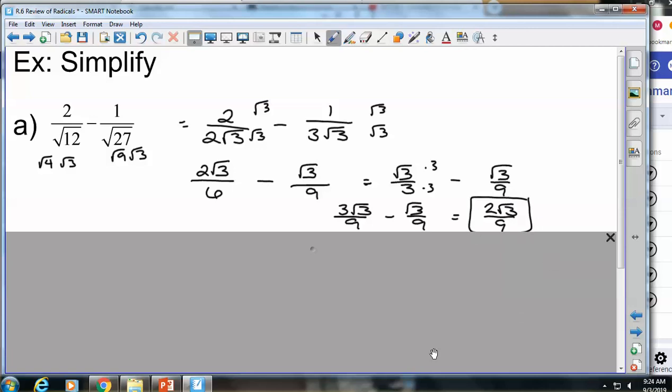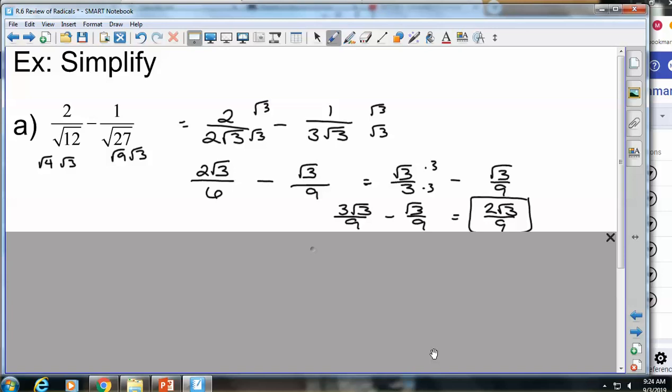Okay, there were a lot of different paths we could have taken on that problem. I thought you couldn't combine those because they don't have the same front number. It's the radical number. When you combine them, you add or subtract the front numbers. It's the thing under the radical that has to be the same. Now, earlier I couldn't combine them because if you want to add or subtract fractions, the denominator has to be completely the same.